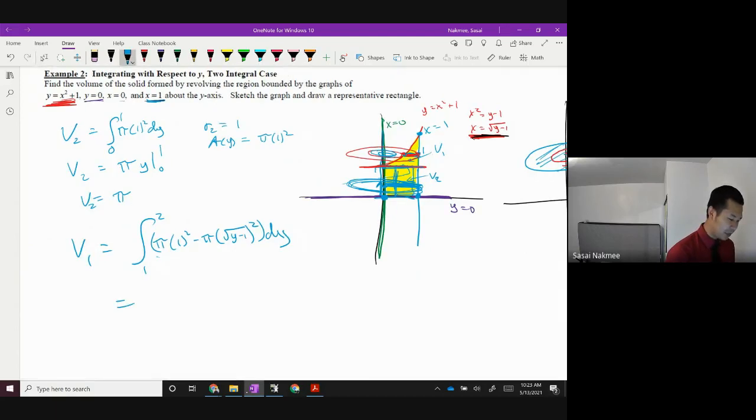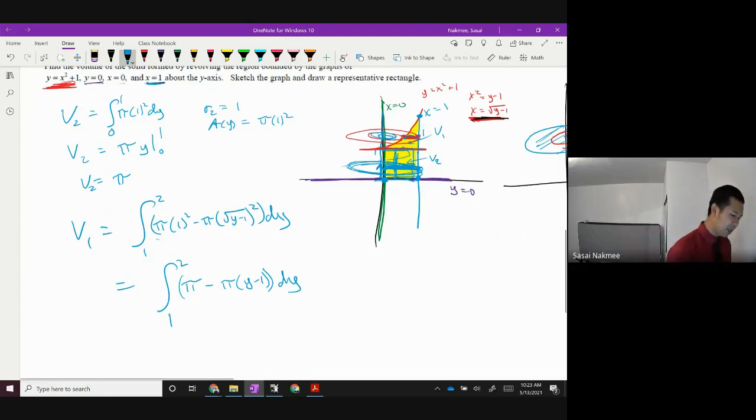I'm going to go ahead and simplify this a little bit. There's a pi in both terms right here. Actually, I'll just rewrite this. This is going to be the integral from 1 to 2 of pi minus pi times (y minus 1) dy, right? They both have a pi term in there. I could factor out that pi term, so I don't have to deal with that.